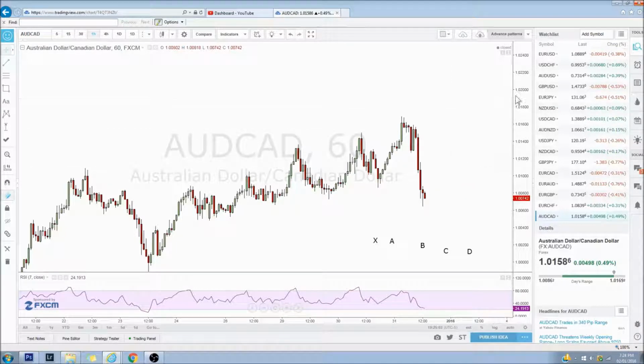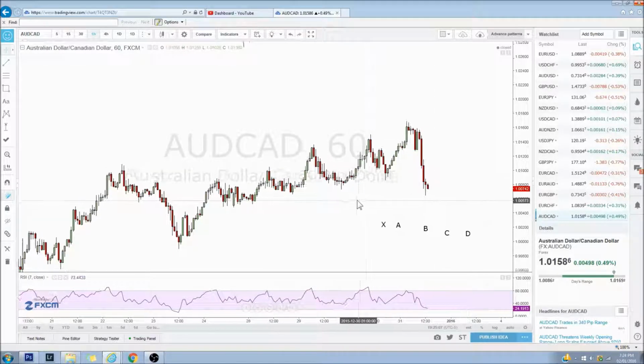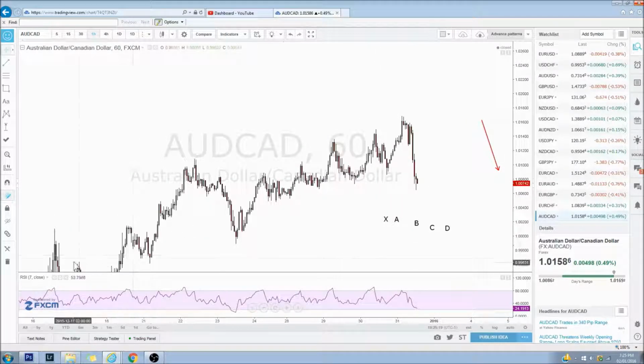Here we have a little example of how I find an XA leg. What I like to do right off the bat is start from the most recent price action, which we have here. We like to identify what the trend is doing, if it's going up. This way I can categorize my advanced patterns.